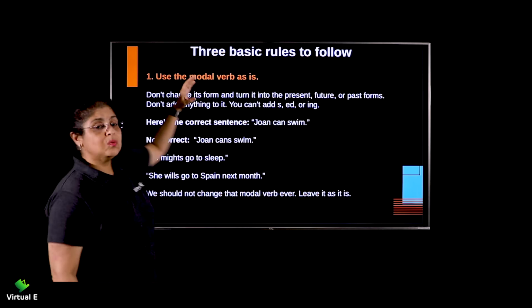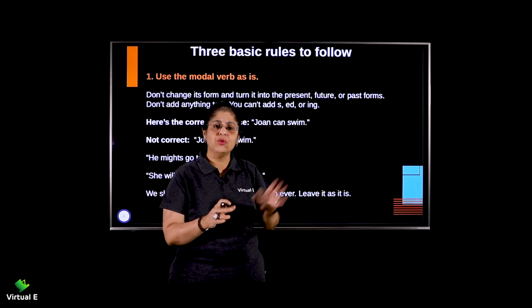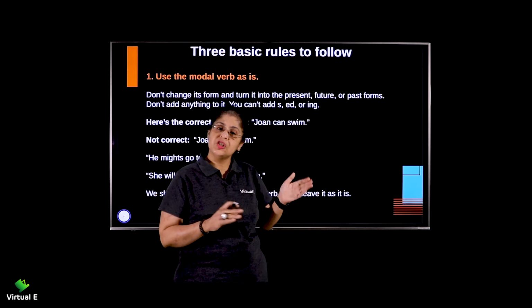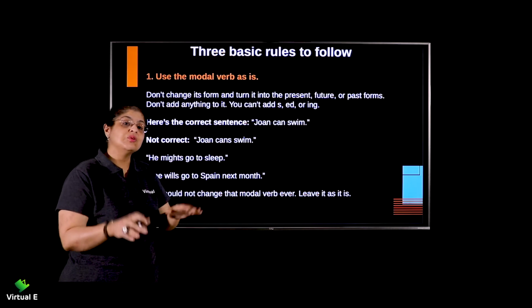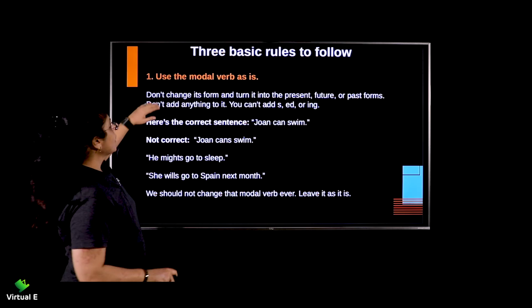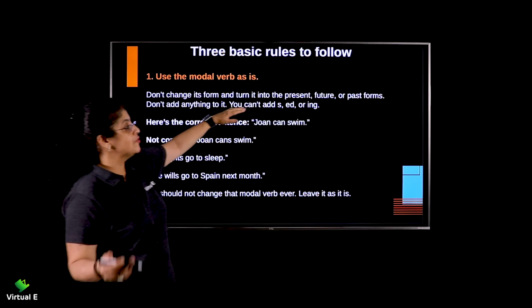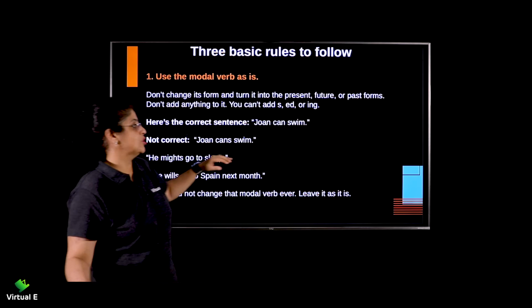Now, use the modal verb as it is. It is the way it is. You have to use, like we already saw, can, could, may, might, will, would, shall, should. The way they are, you have to use them as they are. Don't change its form and turn it into present, future or past forms. Don't add anything to it.